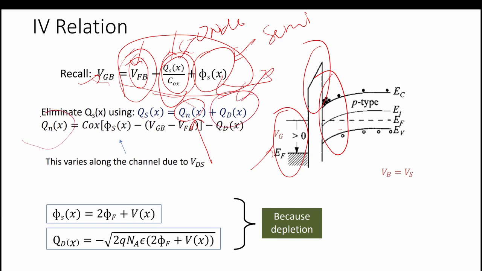What we are interested in is the channel charge, which is equal to Q equal to C into V, whatever the voltage is here.